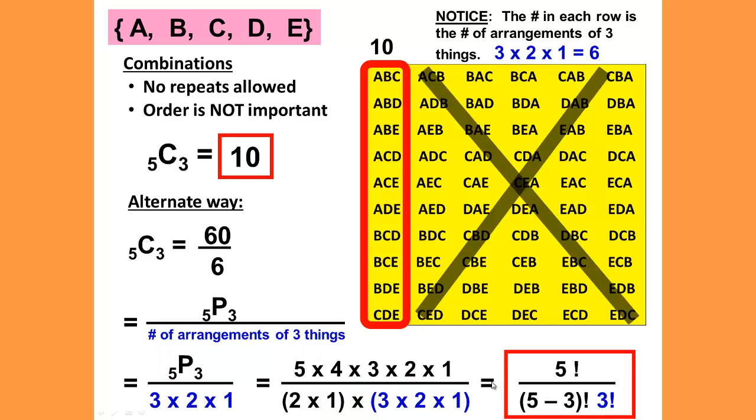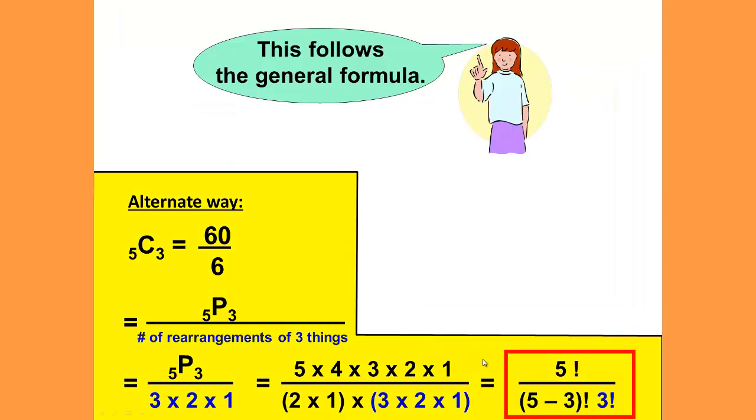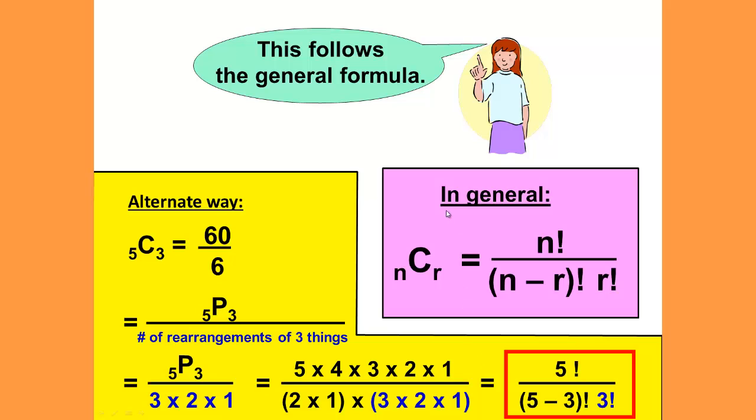And that gives us 5 factorial over 5 minus 3 factorial divided by 3 factorial, because 3 times 2 times 1 is 3 factorial. And this follows the general formula, because in general, nCr equals n factorial over n minus r factorial, r factorial.